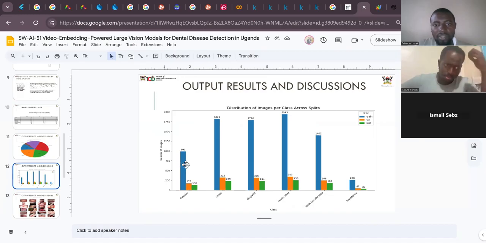The blue is for the training, the orange is for validation, and the green is for the test. So you can see we had a lot of data for the training, and more data for the validation than for the tests.